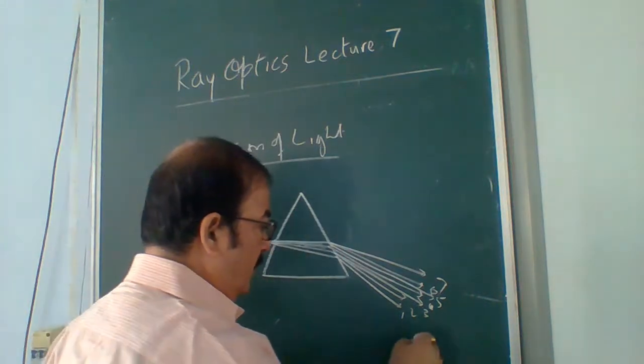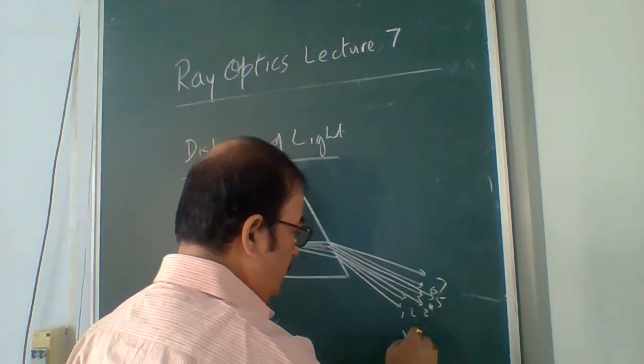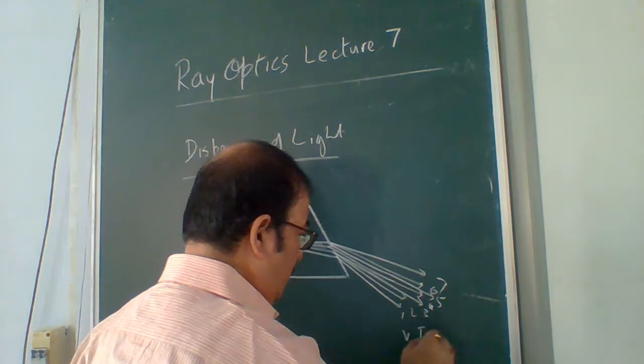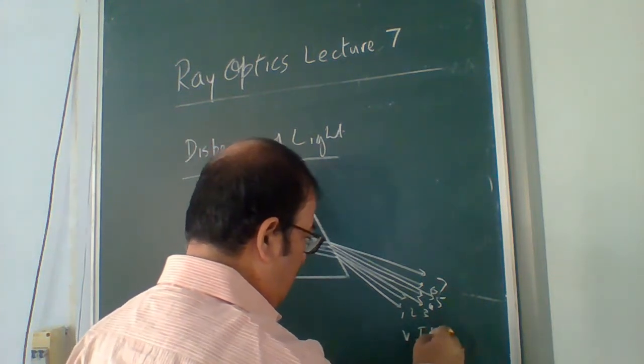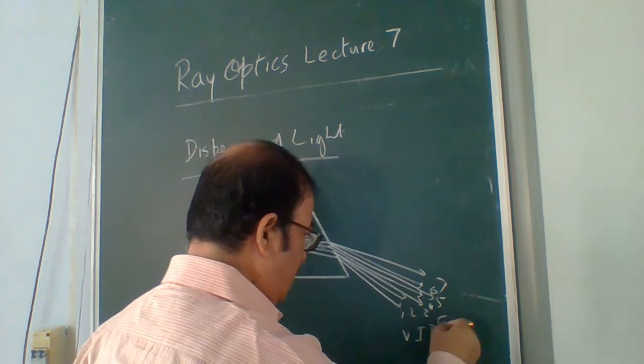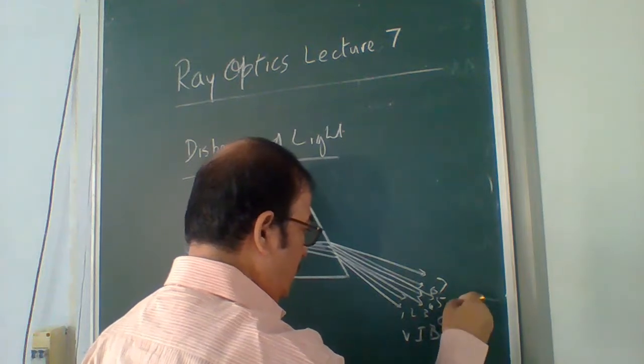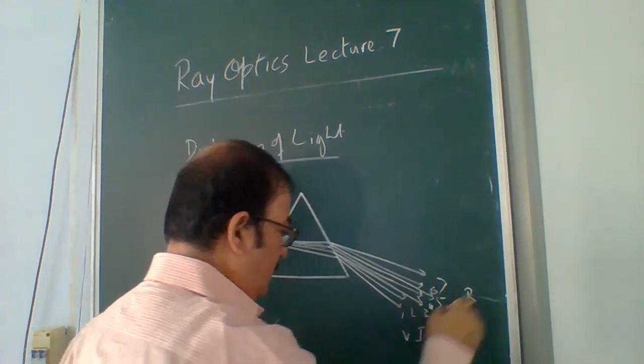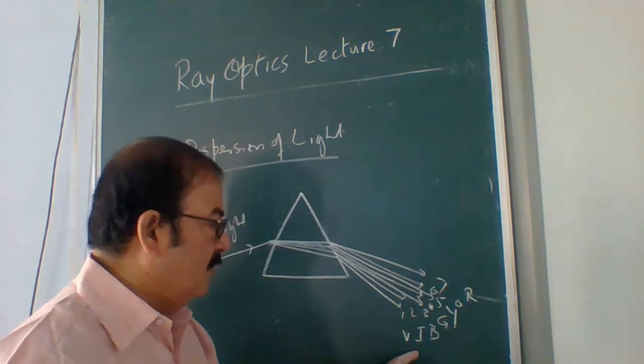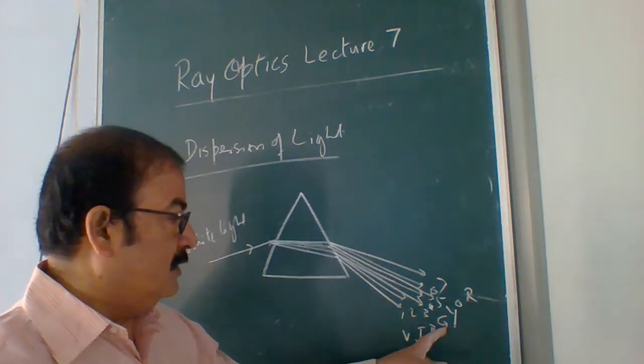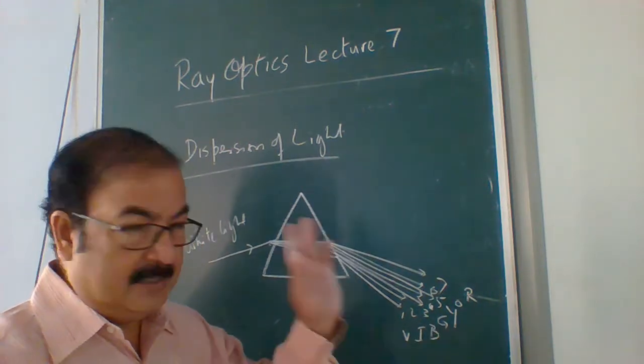Therefore, this is your violet. This is violet, this is indigo, this is blue, this is green, yellow and red.